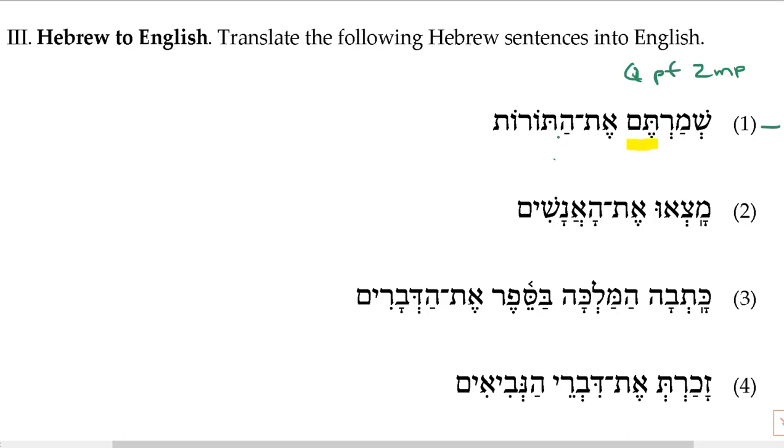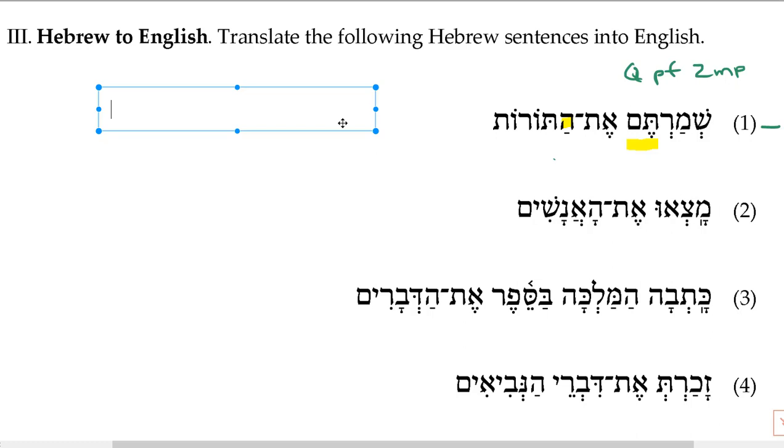And then we have the definite article. And then torot, which is the plural of Torah or law. So let's type out the translation for this. We have 'you all, you masculine plural, kept or guarded maybe, probably kept the laws.'